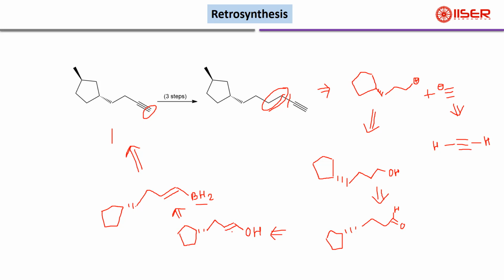Then through keto-enol tautomerism, it will give us this ketone. If you perform a reduction, this aldehyde will be reduced to alcohol. After that, if it would react with this acetylene through a substitution reaction of this OH group, it will give us this as our product.